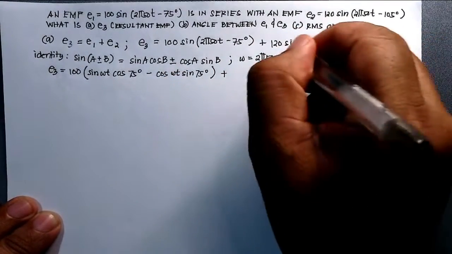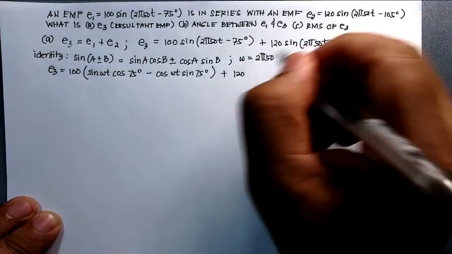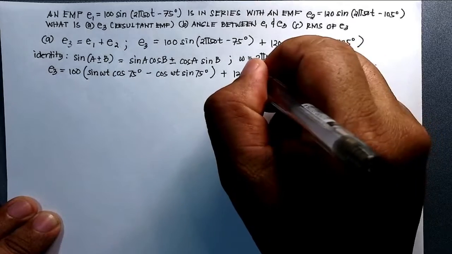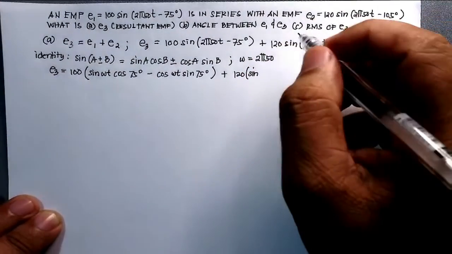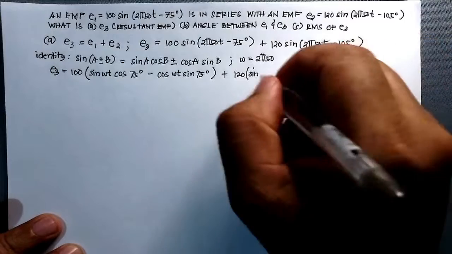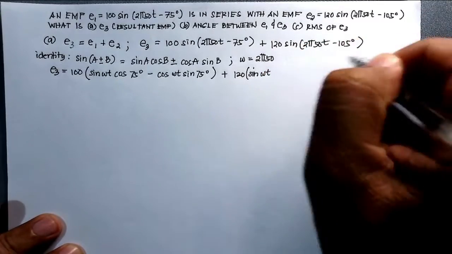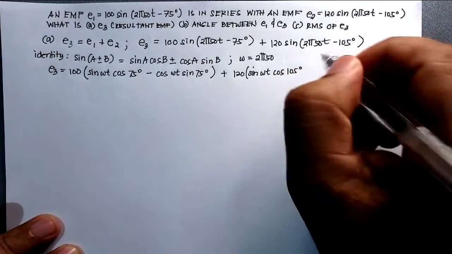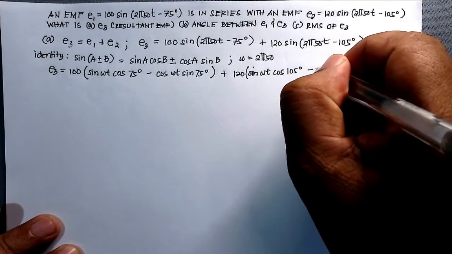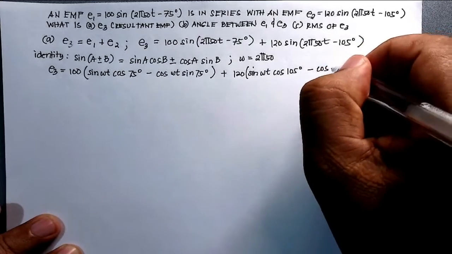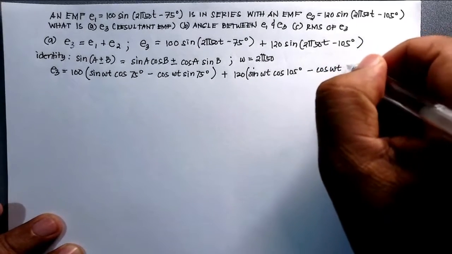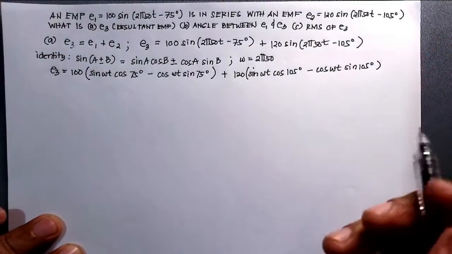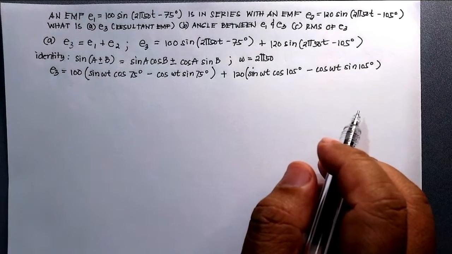Plus we go to this term, 120 again, distributed to the terms: sine omega t cosine 105 degrees, minus cosine omega t sine 105 degrees. Okay, so we simplify.